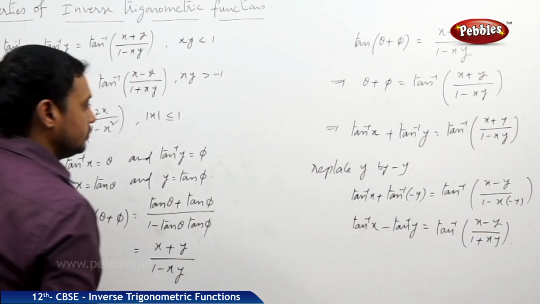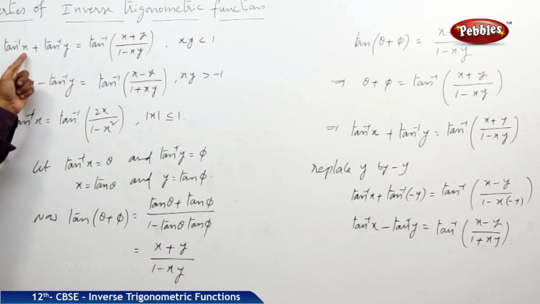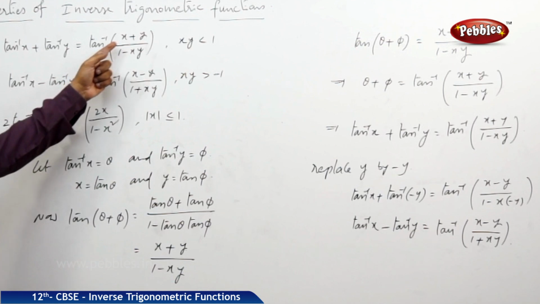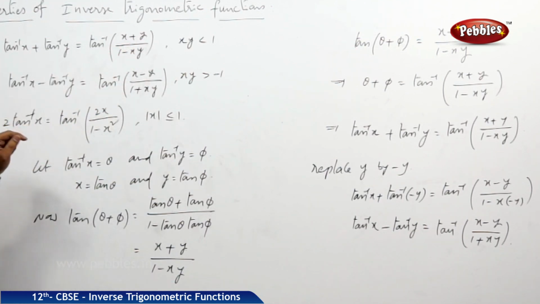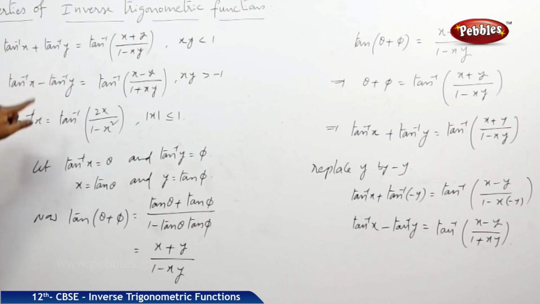Next, the third one. How do we get this third property? You see, tan inverse x plus tan inverse y is equal to tan inverse of (x plus y) by (1 minus xy). It was already proved. So in this property, replace y by x.